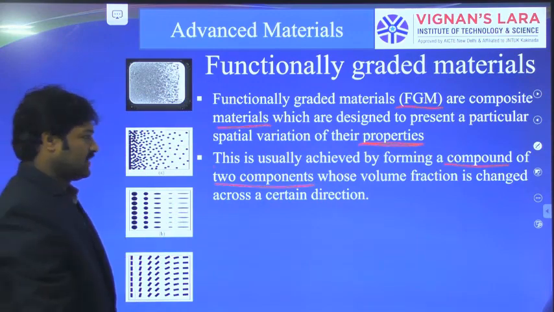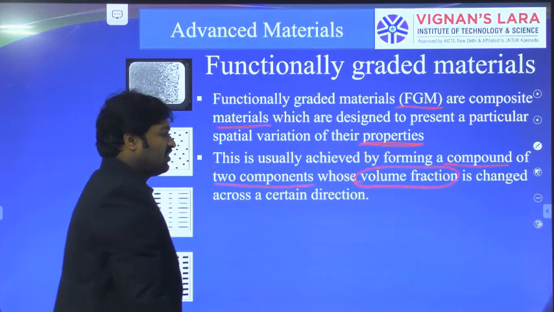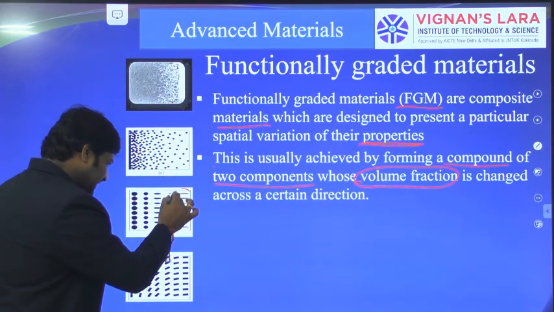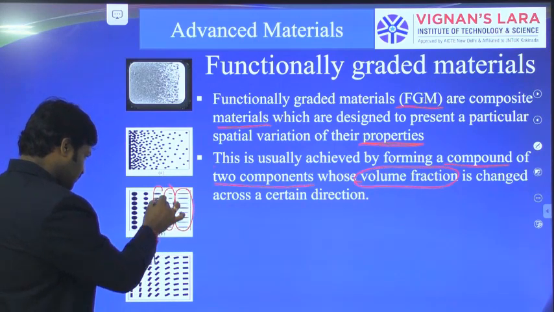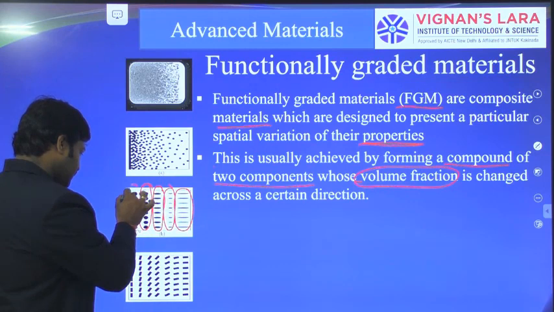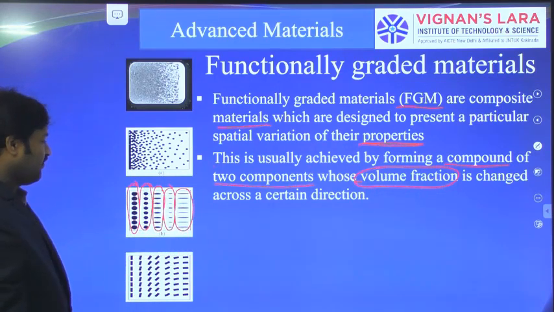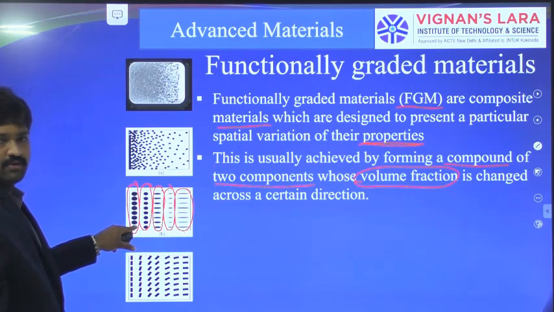Here the volume fraction is changed across a certain direction. If you consider this as volume fraction, the volume of material is changing across a certain direction. If you consider the volume here, it is less, whereas there the volume is more.